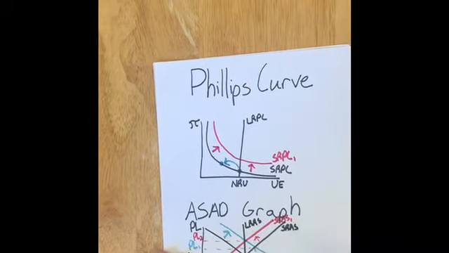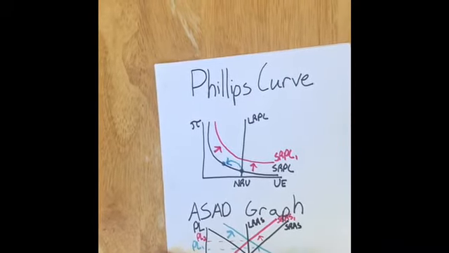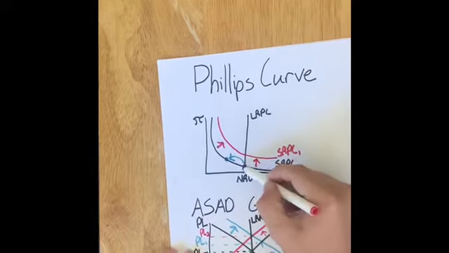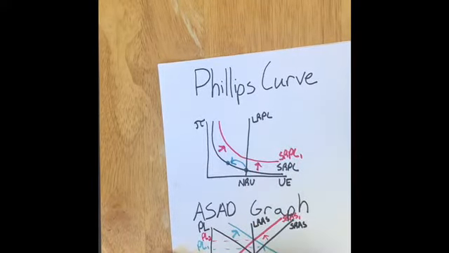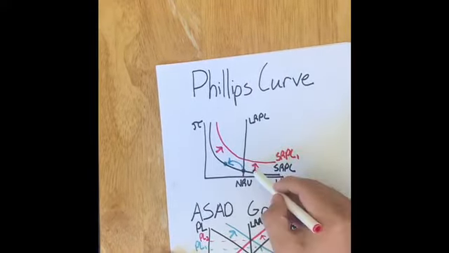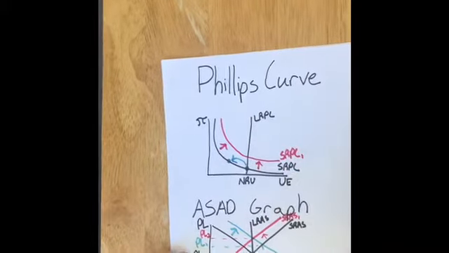So since these are mirror images of each other, if aggregate demand increases, we're going to have a point shift to the left, and if aggregate supply decreases, we're going to have a curve shift to the right.